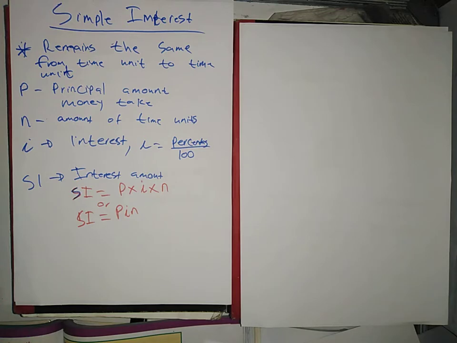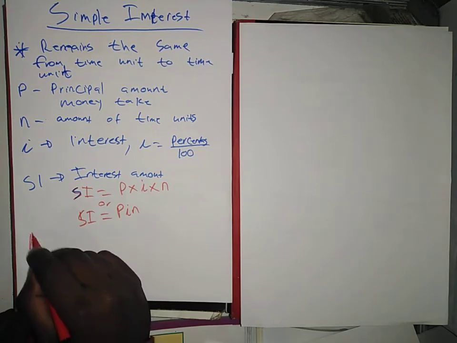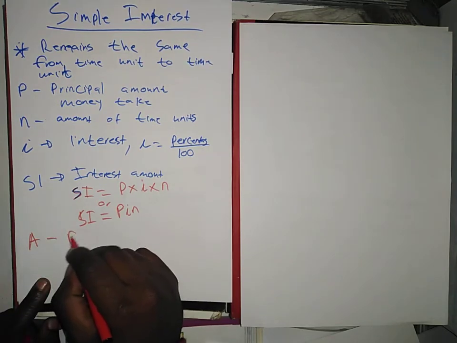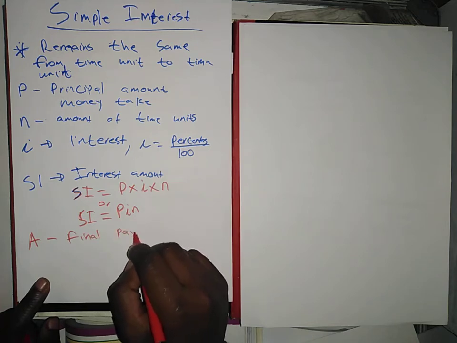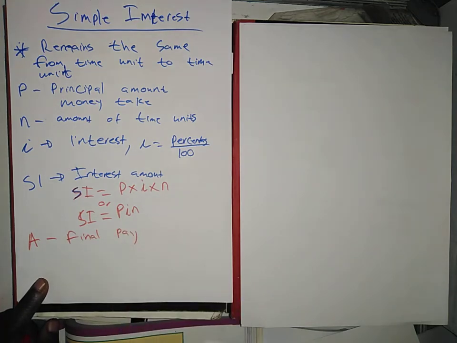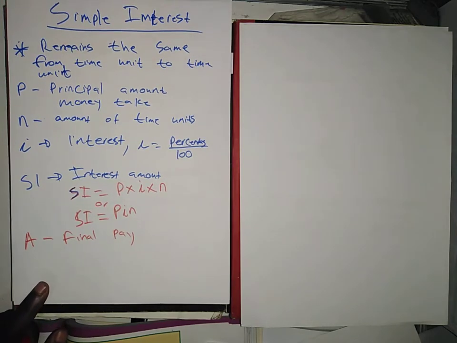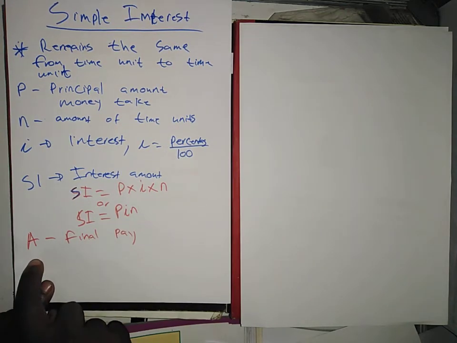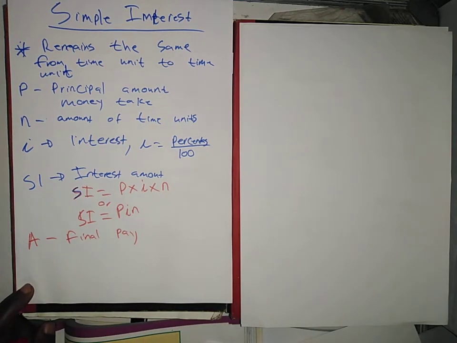Now you've got the last thing, which is the final amount, and we refer to the final amount as A. So A is the final payback, that means the money that you took with all the interest. There are some formulas that we use there.